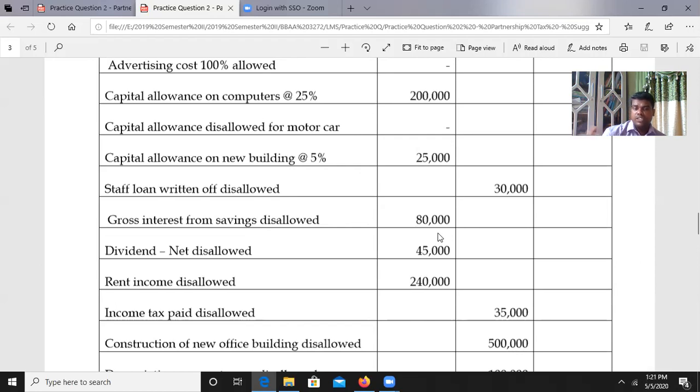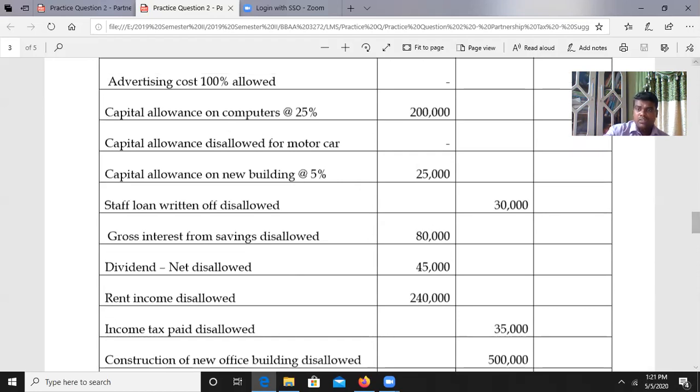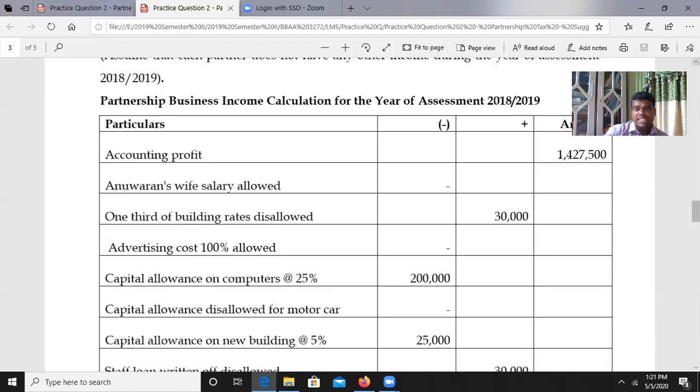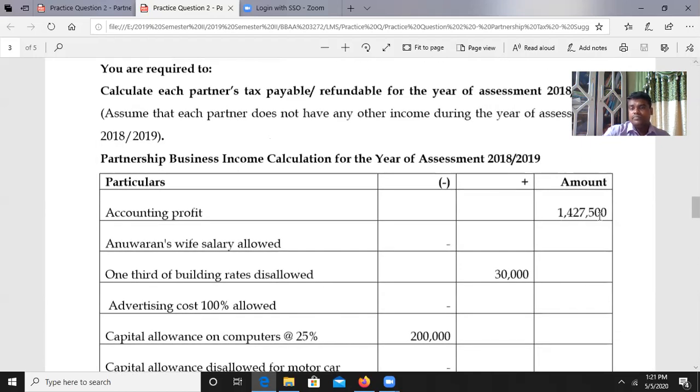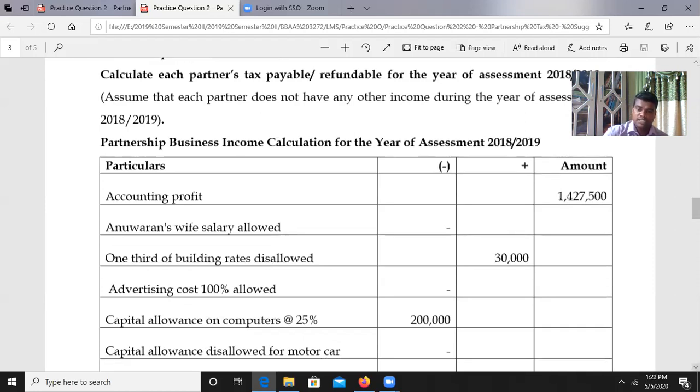That should be excluded from the accounting profit because that 80,000 is already included in the accounting profit. You can see that it is already available within this amount. That's why we need to remove that 80,000, because it is not related with the nature and the purpose of the business.